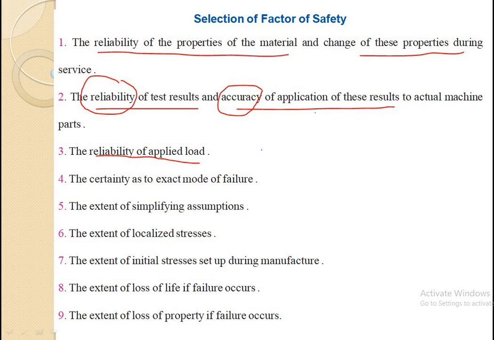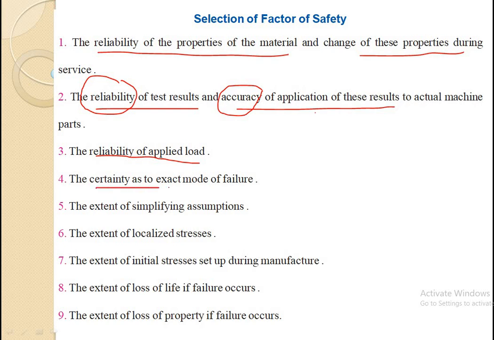So whether that load is reliable, whether a constant load is acting, whether it is a shock load or impact load, we need to consider these by taking into account the nature of the load, whether it is a tensile load or a compressive load. By taking into account the nature of load and the reliability of that applied load, we have to select a particular factor of safety.